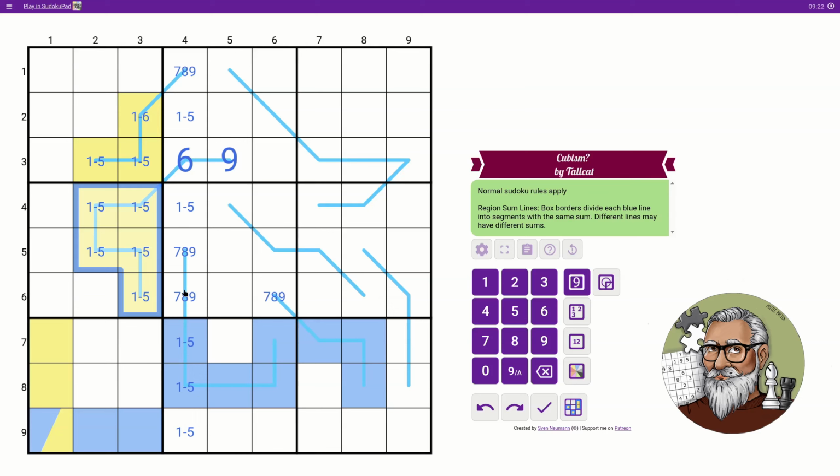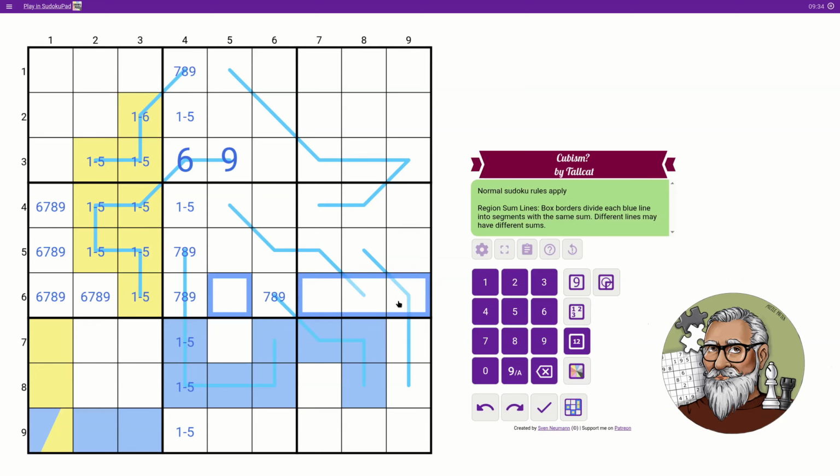That's interesting. Maybe I could have used colors for these, but I didn't know where it was going to break. It did break between 1 to 5 and 6, 7, 8, 9.